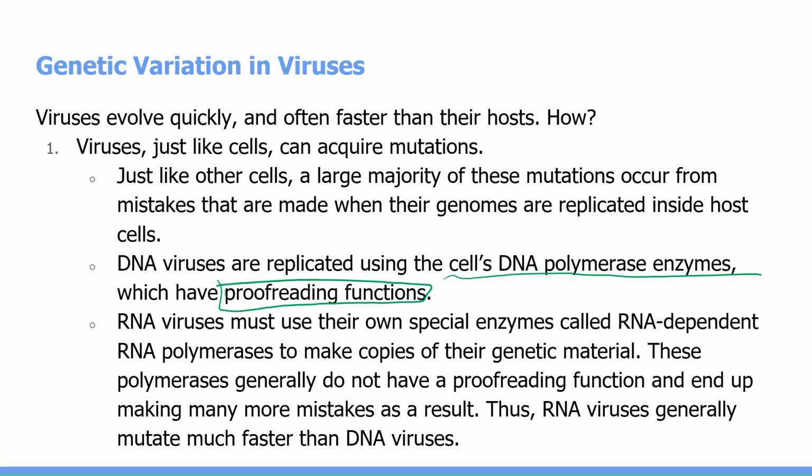But RNA viruses must use their own special enzymes, RNA-dependent RNA polymerases, to make copies of their genetic material. However, these polymerases do not have a proofreading function and they end up making more mistakes, and so RNA viruses generally mutate much faster than DNA viruses.